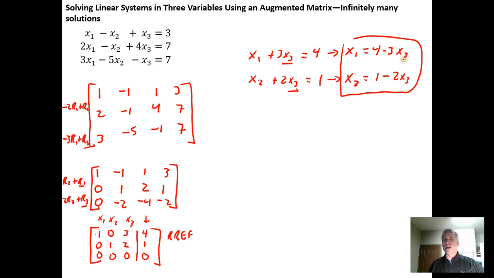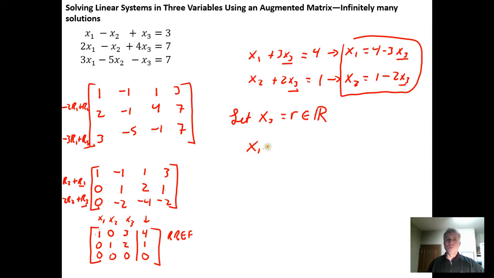So we'll take the common variable and we'll say let x sub 3 equal r, where r is any real number you want, any real number on the real number line. And then we rewrite x sub 1 and x sub 2 in terms of that parameterization.